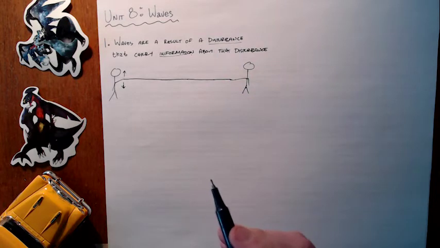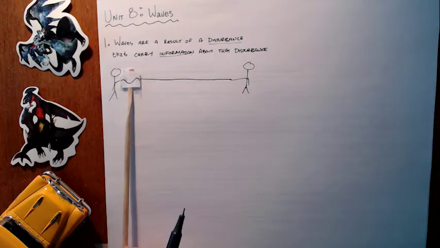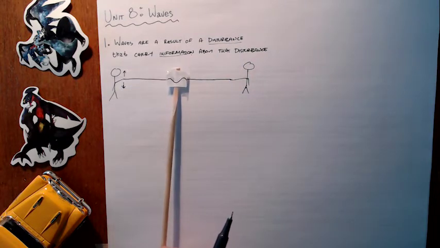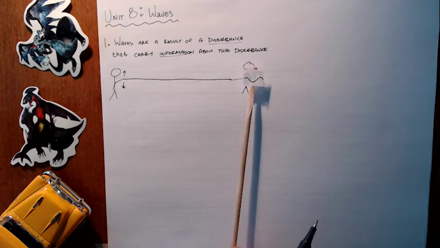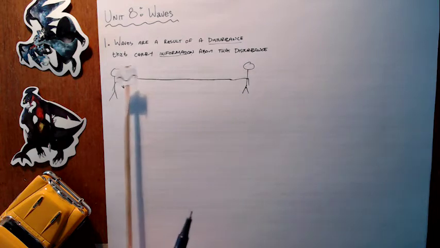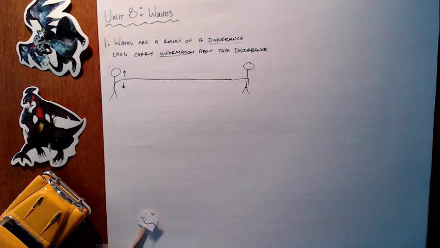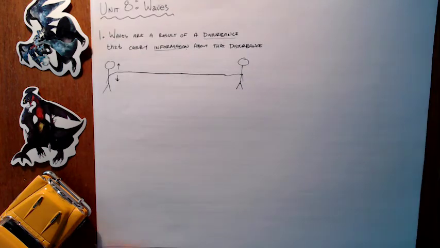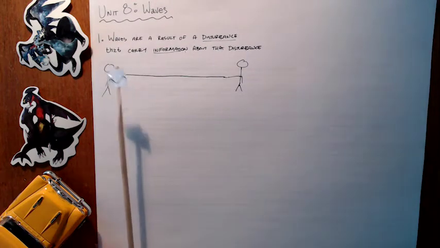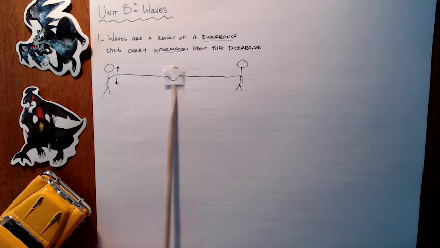And that disturbance is going to cause a wave to travel down through the rope. And that wave that's traveling down through the rope is going to carry some sort of information about that disturbance. In this case, the information that's being carried is that, well, there was someone at the other end that flicked the rope up and down.